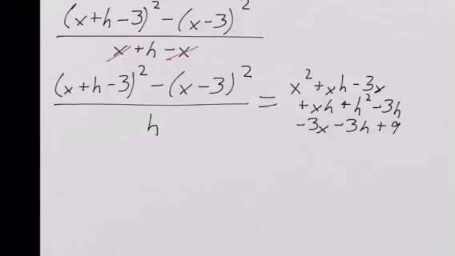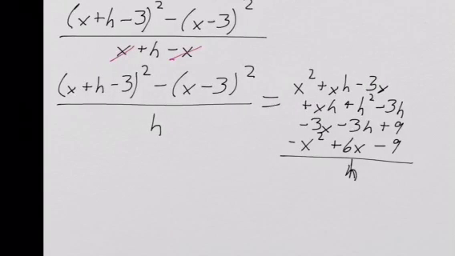That's a little simpler. It's going to be x squared, so minus x squared plus 6x, because it's going to be minus 6x minus 9 all over h, and I ran out of room in writing that.